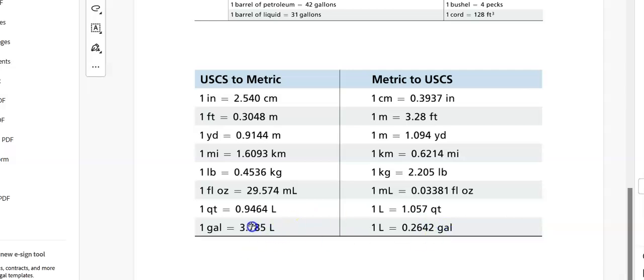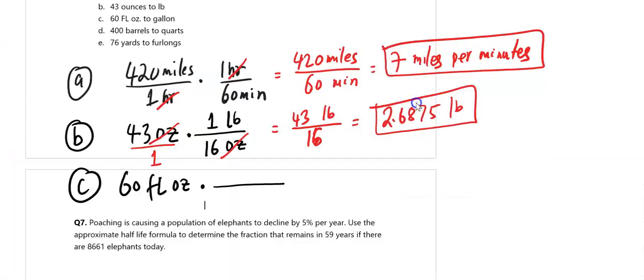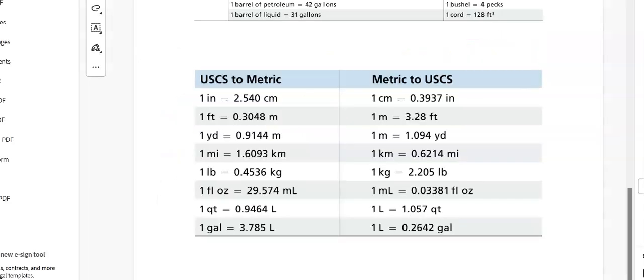So this involves multiple use of conversion factors. So I'm going to convert this first to milliliters, because I have this equation. It tells you how many fluid ounces equal how many milliliters.